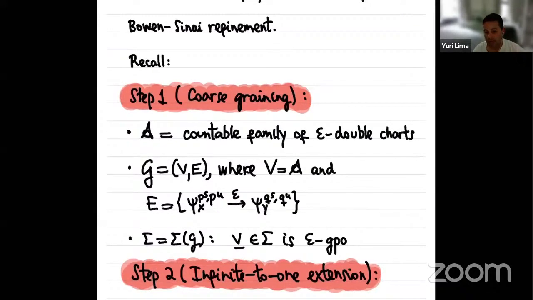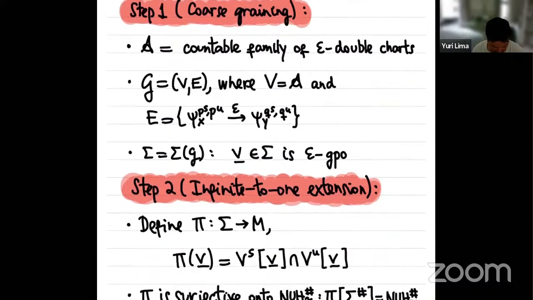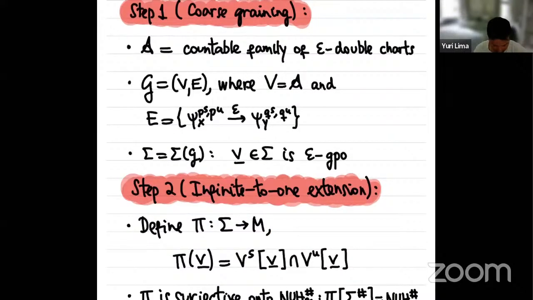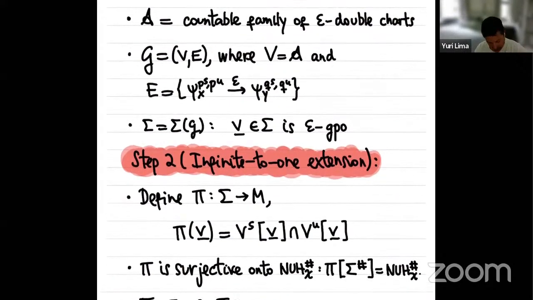Second step, how do we get an infinite to 1 extension? I already did, but let me recast. We define pi just by shadowing: to each epsilon generalized pseudo-orbit, we associate the intersection of the stable and unstable manifolds of this guy. So this defines a map pi from sigma to M. We already know that the way we constructed the alphabet was such that the image of pi would be surjective onto this set.